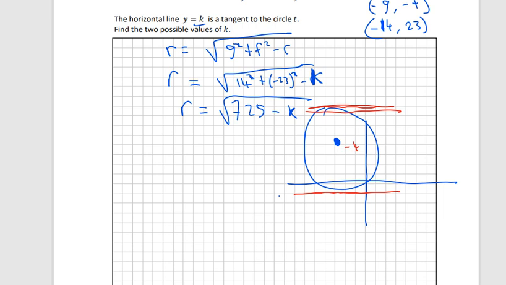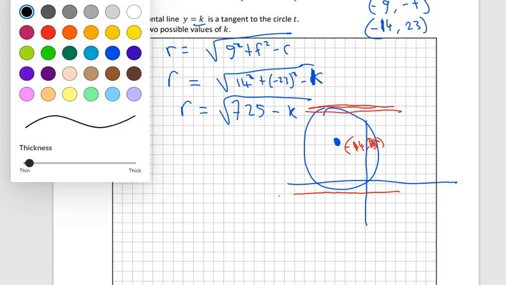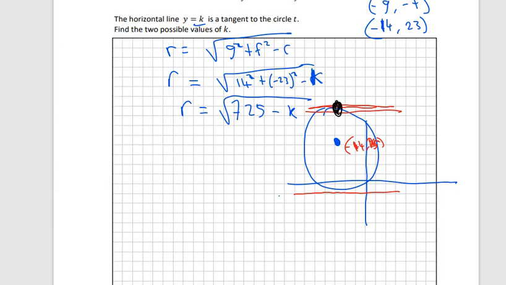We know that the center is minus 14, 23. Really, we're looking for the y value of this point here and of this point here. We know that the x coordinate of those points is minus 14 because it's directly below.